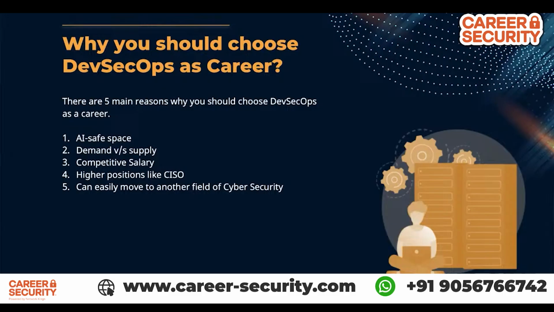The first thing is AI safe. When AI got introduced, in 2020 and 2021 when ChatGPT got launched, a lot of people lost their jobs because AI came as a revolution. A lot of HR people, operations people, video editors, image editors, as well as developers lost their jobs because companies wanted to focus more on AI.